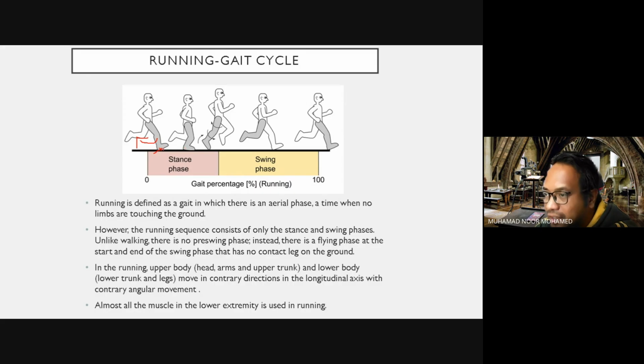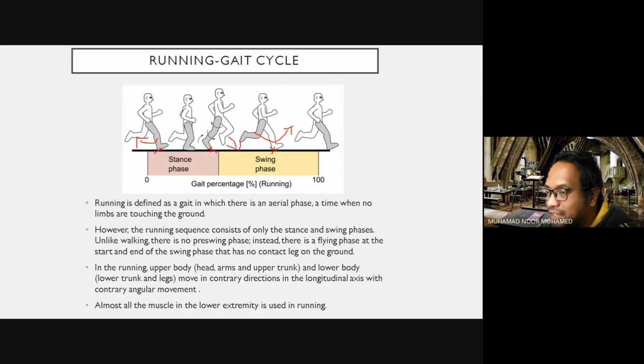Okay, it pulls back until the tip of the foot. And when the toes are done, it starts swing phase. Where is pre-swing? There is no pre-swing because when the right leg starts to change direction forward, the left leg is only just about to go into stance. It hasn't touched down yet. And when the left leg enters stance, the right leg is already in swing phase. So we lose one phase, which is pre-swing. So in running, there is no pre-swing simply because of the timing of the movement itself.